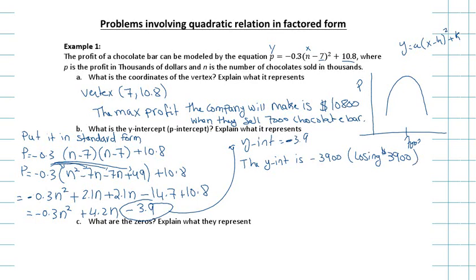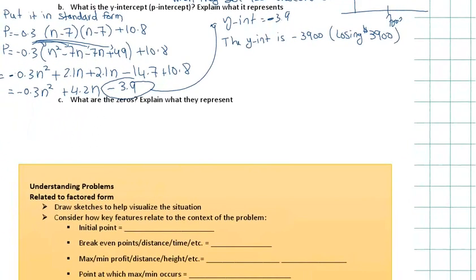The other way to find the y-intercept is to set x equals 0 as we talked earlier. Another way here.